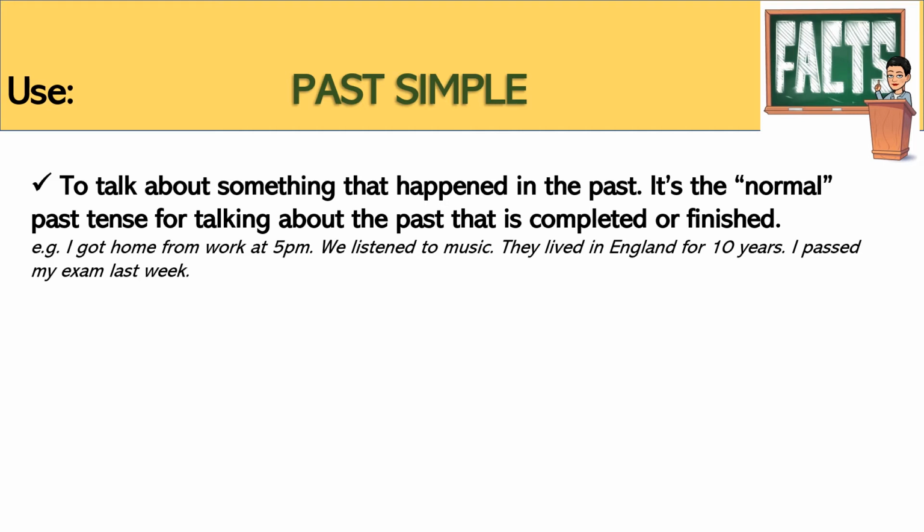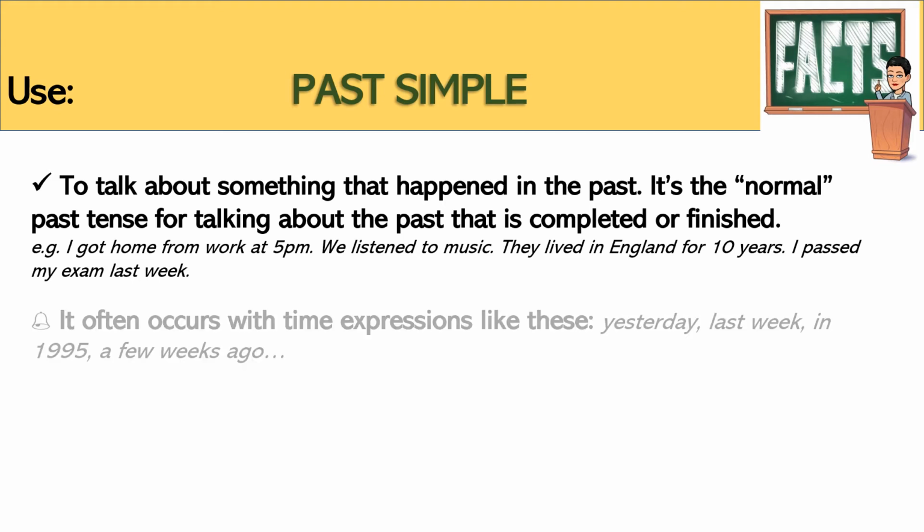For example, I got home from work at 5 p.m. We listened to music. They lived in England for 10 years. I passed my exam last week. It often occurs with time expressions like these. Yesterday, last week, in 1995, a few weeks ago.